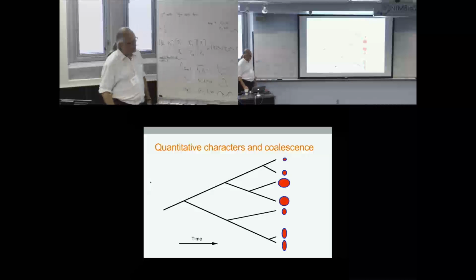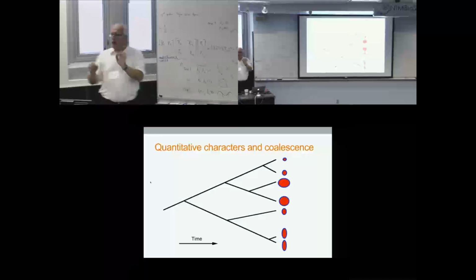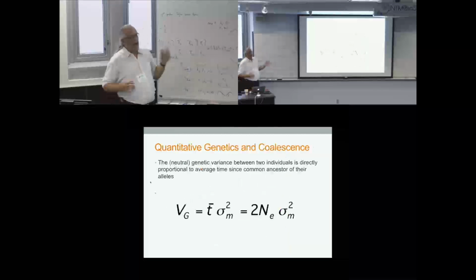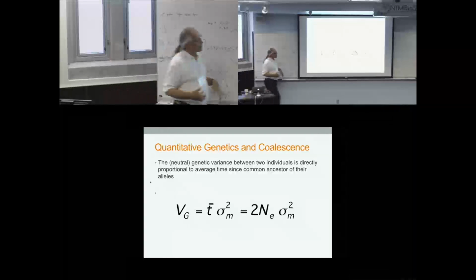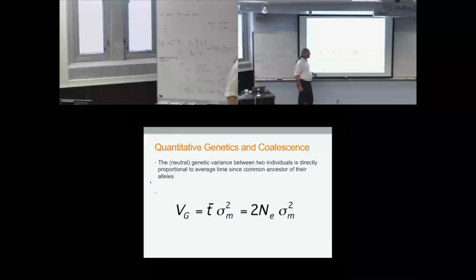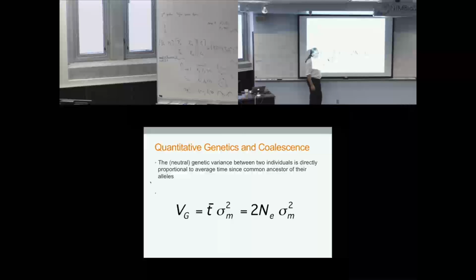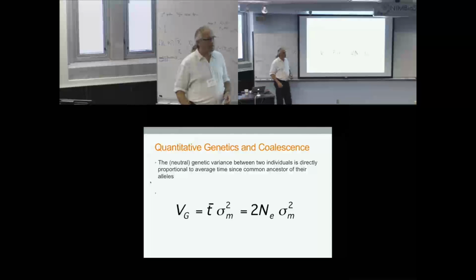But this is what the effects of a particular locus on the phylogeny would be on a particular quantitative trait. Now, from the point of view of figuring out on average how much genetic variance there is in a population, we don't need to know the details of this phylogenetic tree. We just need to know the average amount of time that separates pairs of individuals in a population. So by the same thought process, the genetic variance in a population is going to accumulate in proportion to the amount of genetic variance between individuals that occurs for each generation of mutation times the average number of generations that separate those individuals.